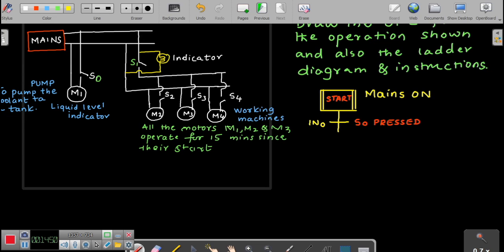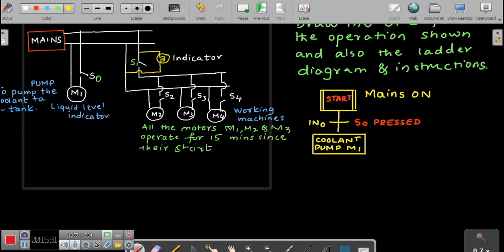So what is the process there? The coolant pump M1 being on. So I will consider one more block here. If you want you can just write it as M1, or you can write it as coolant pump M1. So this is my first process.